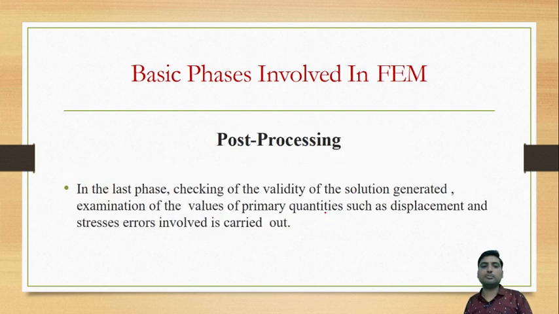And the third one is post-processing. In post-processing, the stress and strain we need to calculate. After finding displacement only are we able to find the stress and strain developed in that structure. So this comes under post-processing.